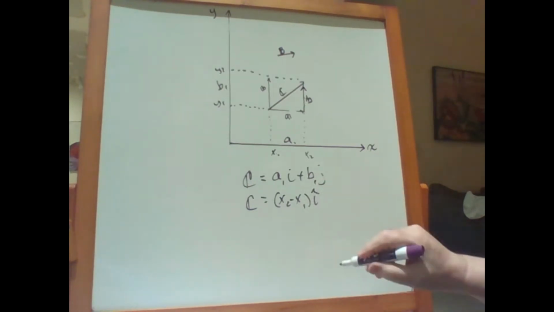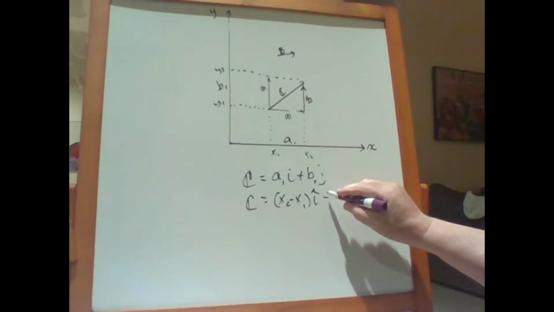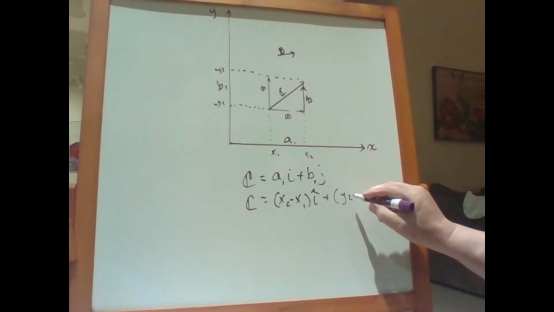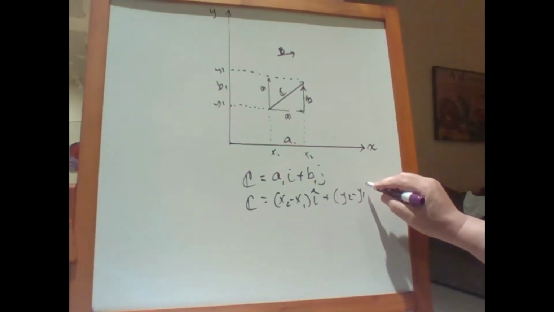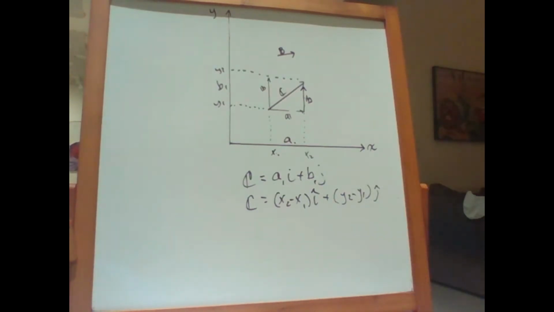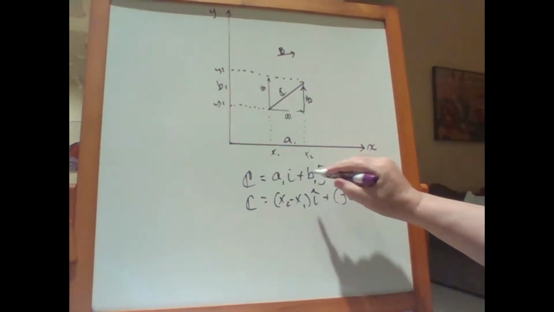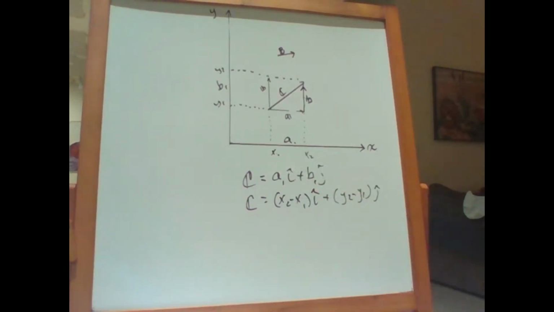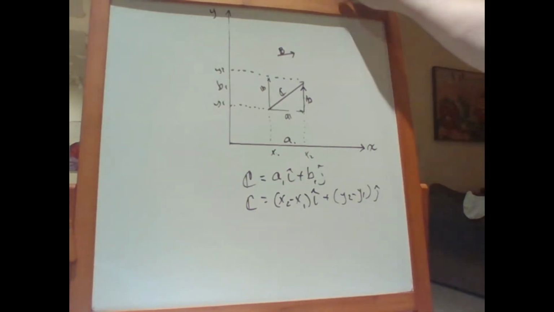They usually make that a hat plus y2 minus y1 in the j direction. I'll try and make this consistent with what mathematicians use.